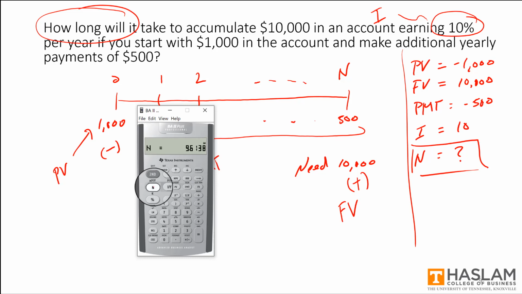So let's compute N. And we have an N of 9.6 years. So it'll take almost 10 years to get to $10,000.